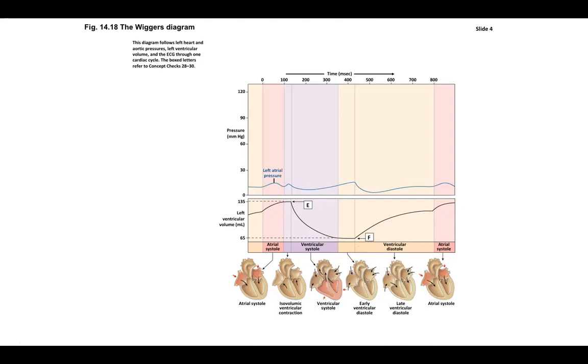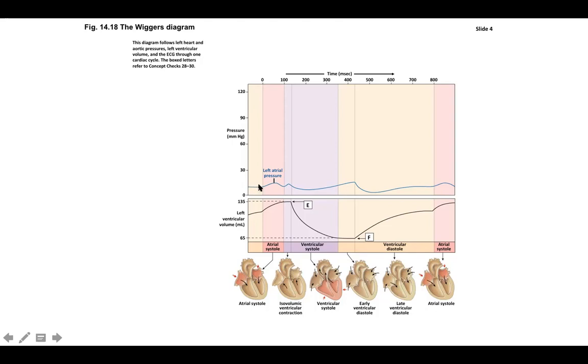So now we can add on what's happening with the atrial pressure. The atria are fairly low pressure chambers. And while the ventricle is passively filling with blood, there's really no change in the pressure in the atrium. The blood is leaving the atrium, going into the ventricle. Blood is also flowing into the atrium, in this case the left atrium, from the pulmonary veins.